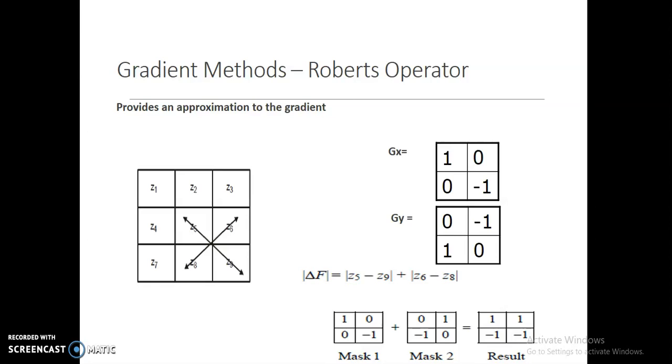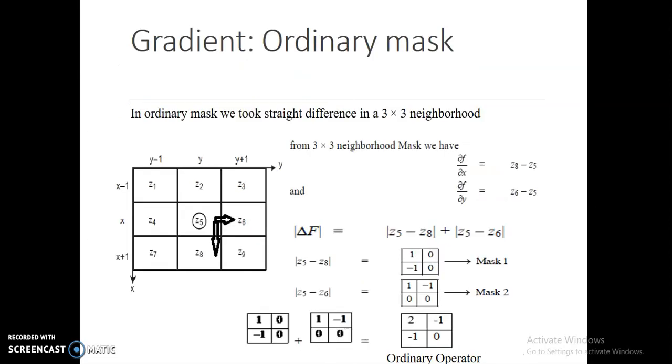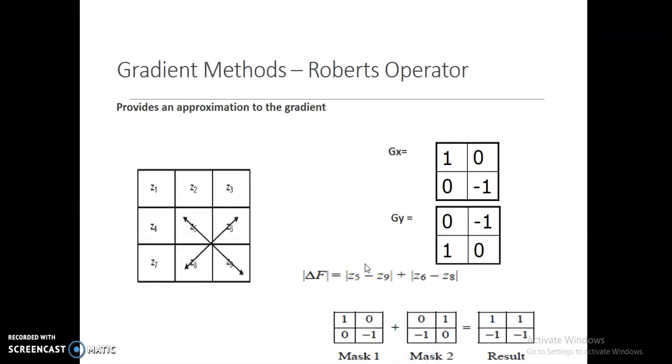To remove such a problem, as we saw in the last slide, where the value of the last cell, the fourth cell, is 0, we use a cross difference, that is the Roberts operator, and compute Gx. The cross difference is Z5 minus Z9, that is 1 for Z5 and -1 for Z9.